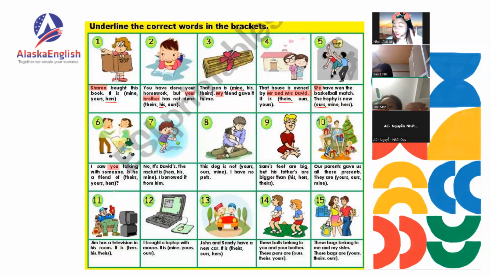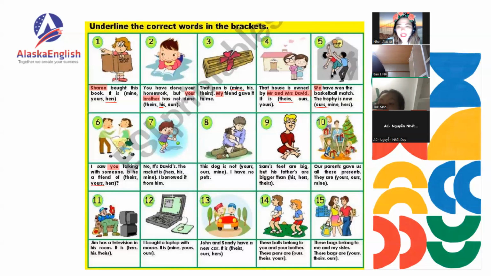Oh, is there a clue that it is hers? I saw you talking with someone. Is he a friend of yours? Okay, yours. Don't forget the S. Yours. Okay, good. Tuiman again, number seven.